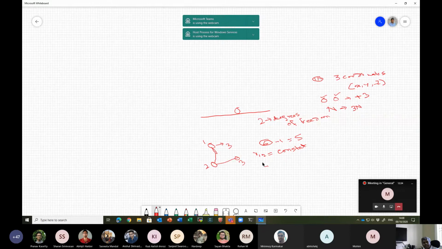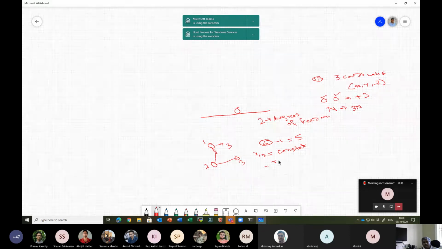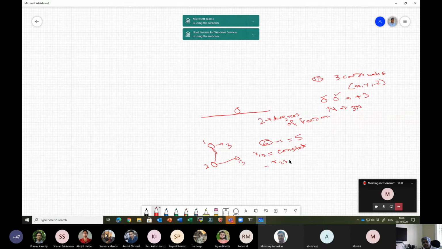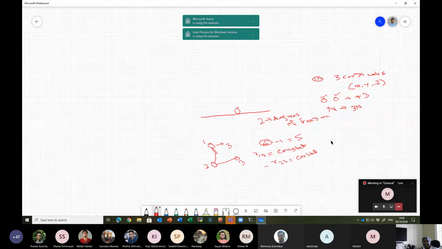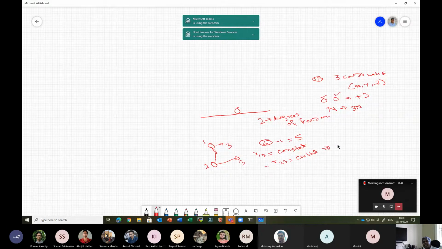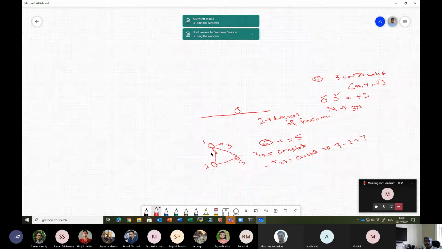In addition to R of 1, 2, R of 2, 3 is also constant, right? So in this system the number of degrees of freedom will be 9 minus 2, which is 7. Correct.